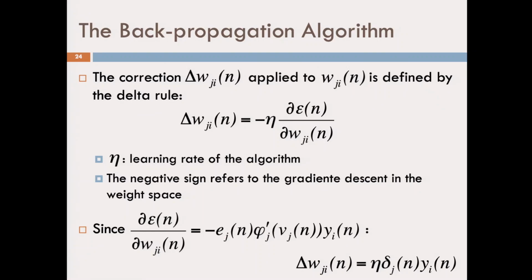We know that the derivative of the error with respect to the weight is this formula here, so we put it here. We have a minus here and a minus here, so it disappears, giving a positive sign. Now we have a learning rate times what we call the local gradient of neuron J, multiplied by the signal going into that neuron. So the local gradient associated with a neuron is the error times the derivative of the activation function in that neuron.